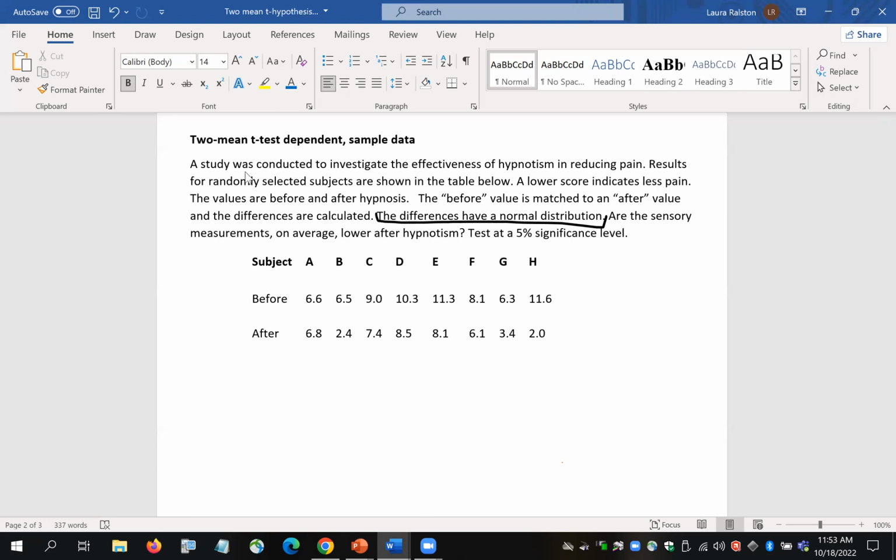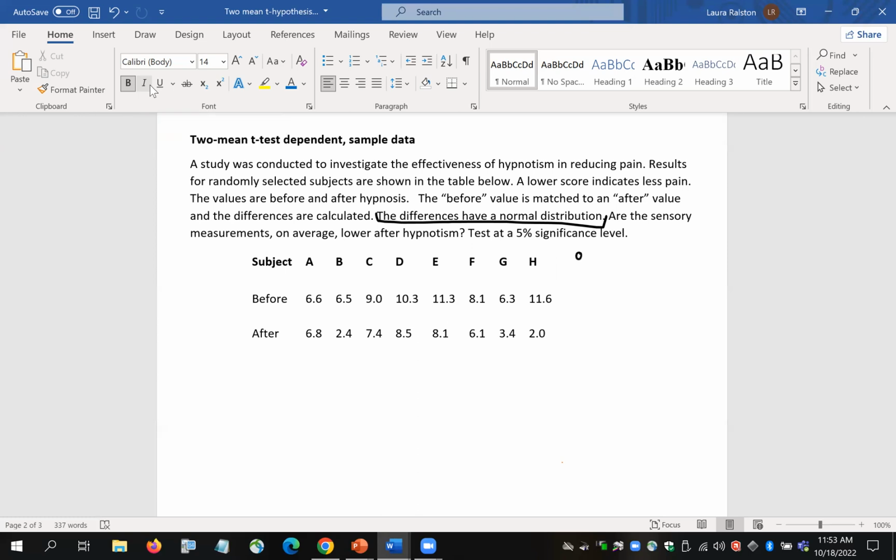Then the question says, are the sensory measurements on average lower after hypnosis? I realized that the other day when we worked this problem, we looked at before minus after, but we're really interested in the measurements being lower after hypnotism.